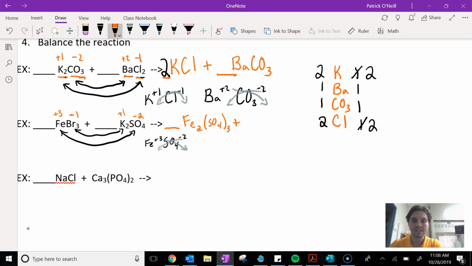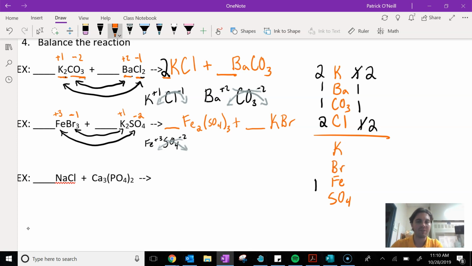Okay, plus, then we have K and Br. Okay, so those are both +1 and -1. So they're going to fit together just 1 of each, K and Br. Okay, I originally wrote that as Cl, so I'm backtracking a little bit.